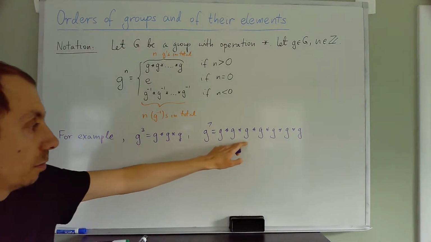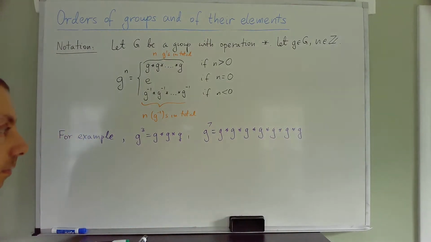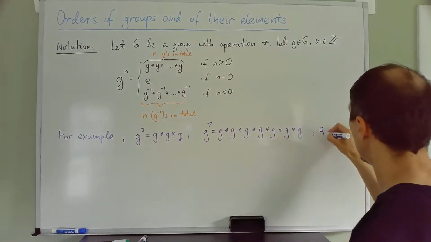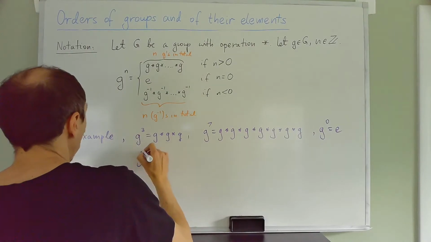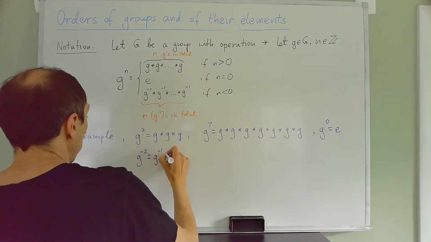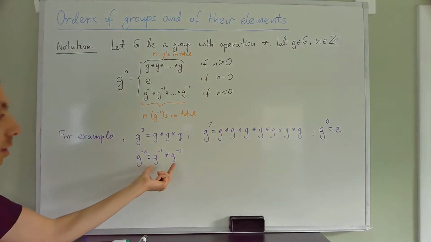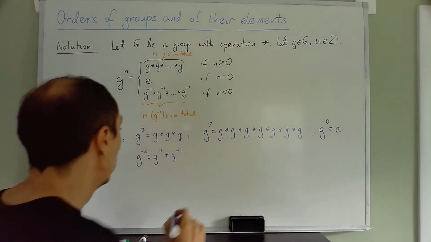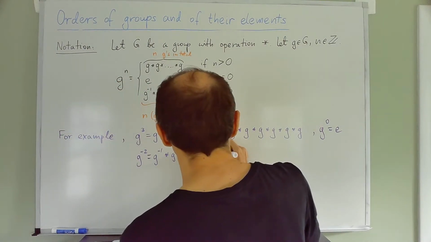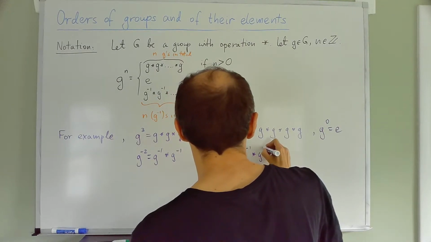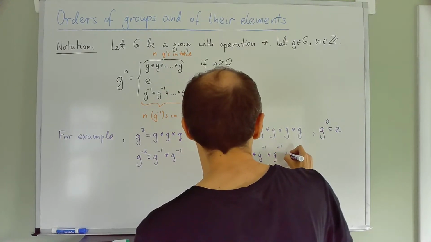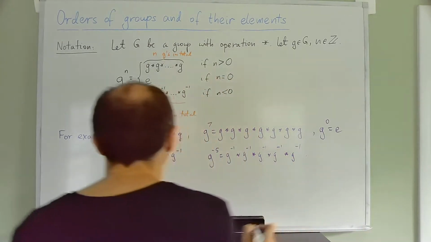How many g's? 1, 2, 3, 4, 5, 6, 7. g to the 0, by definition, that's e. What is g to the minus 2? That's g inverse star g inverse, 2 inverses. g to the minus 5, that's g inverse star g inverse star g inverse star g inverse star g inverse.